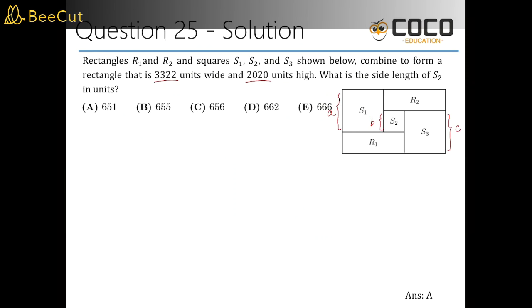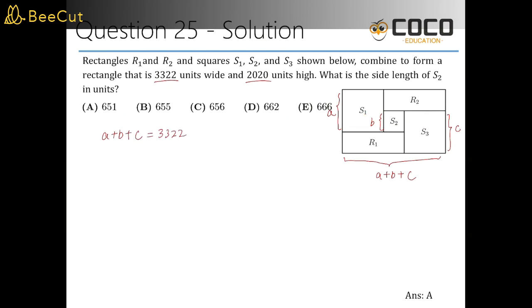So here, to find the longer side, R1 is equal to A plus B. Then S3 is C. So this is A, B, and C. So the longer side is A plus B plus C, which equals 3322.